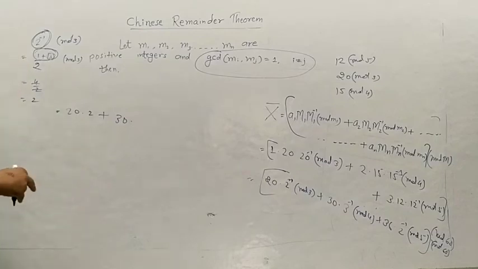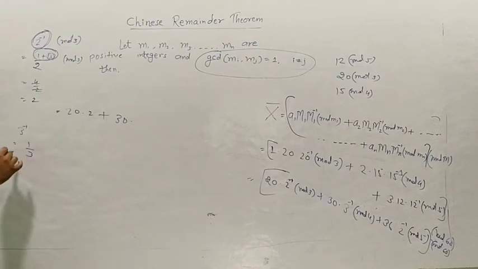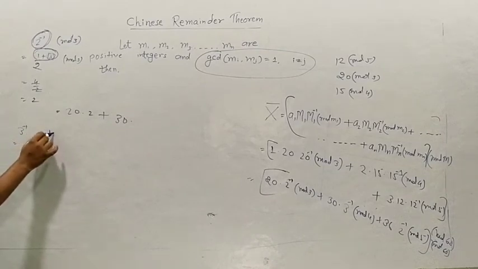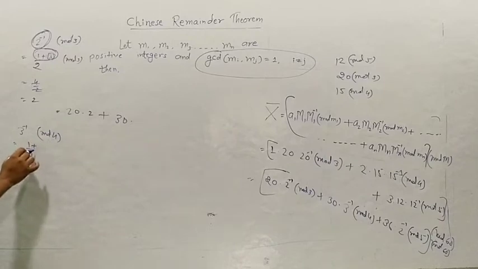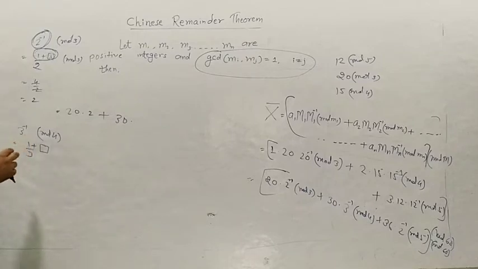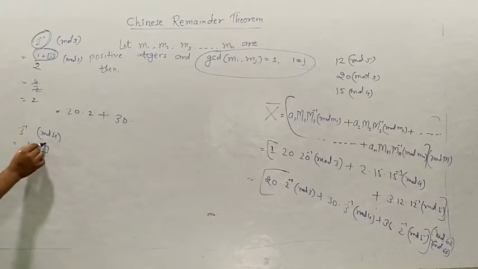Now how can we find 3 inverse in modulo 4? 3 inverse, that is 1 by 3. We have to find over modulo 4. So add in numerator some multiples of 4. Either 4 1 is 4, or 4 2 is 8, or 12, or 16, such that this whole term can be divisible by 3.